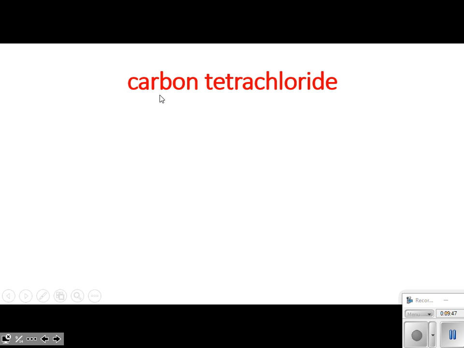So, what I'm going to simply do, I know carbon is a C. What prefix is on carbon? I don't have one. What does that tell me? That it is 1. So do I need to put a 1 behind carbon? Absolutely not. I don't need to write a 1.